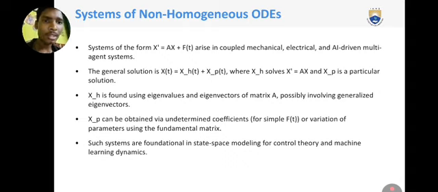Such systems are fundamental in state space modeling for control theory and machine learning dynamics.